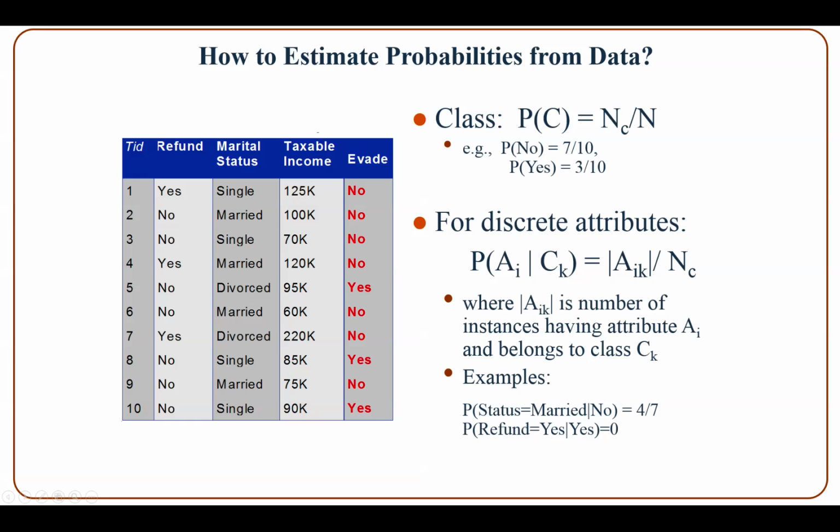And similarly, the probability of refund equal to yes, given the class is yes, is equal to 0. That is because in the data set, looking at records with yes in the class information, we see the attribute refund has all no values.